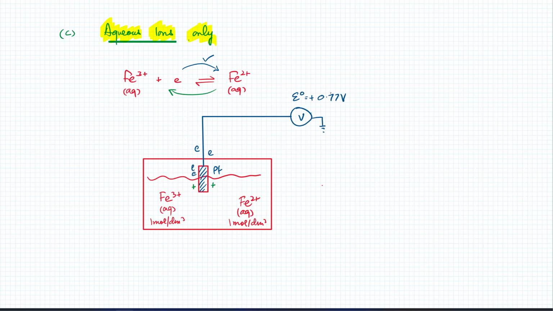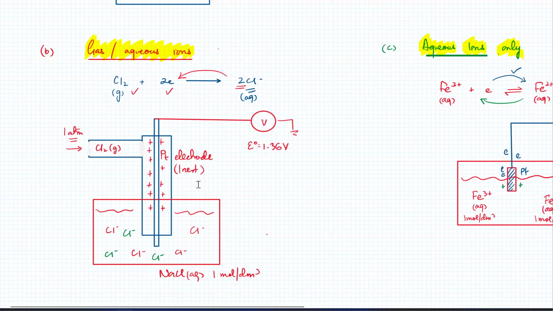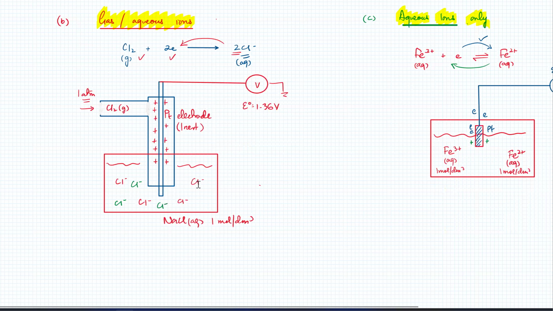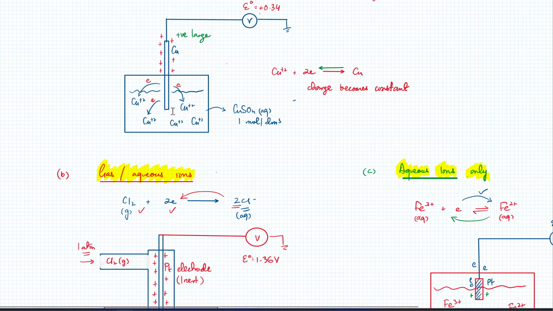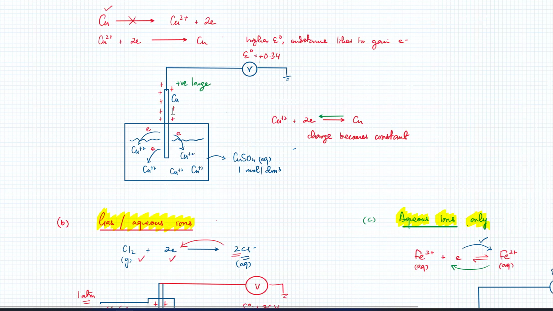So right now, the basic thing is the drawing. Aqueous ions only: if you have substances and they're all aqueous ions and you're trying to investigate, you just dump all those aqueous ions into the solution and you introduce a platinum electrode. If you have a gas, then you put a gas jar, and all the ions would be in the solution, and you need a platinum electrode in that case as well, an inert electrode. If you have a metal involved in the reaction, then it's easy. You don't need a platinum electrode because the metal itself can act as the electrode.